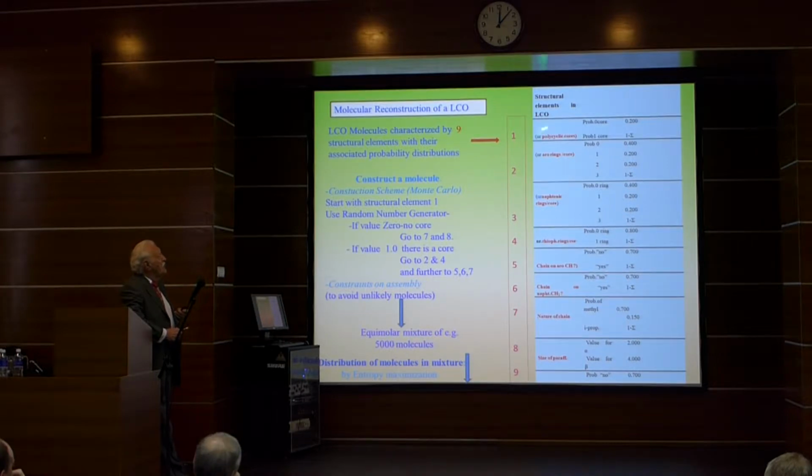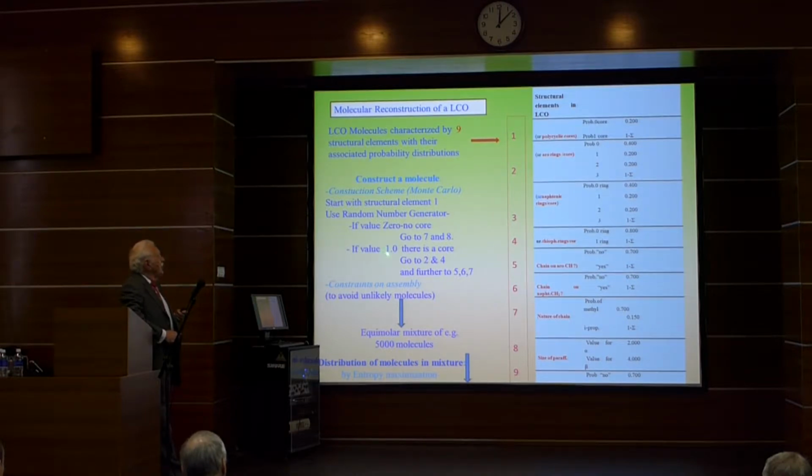And that number may be one of the 9 that characterizes molecules of LCO. And for instance, if the value of the random number generated is 0, that means there is no core, and you go directly to 7 and 8 that describes the molecules which have no core.